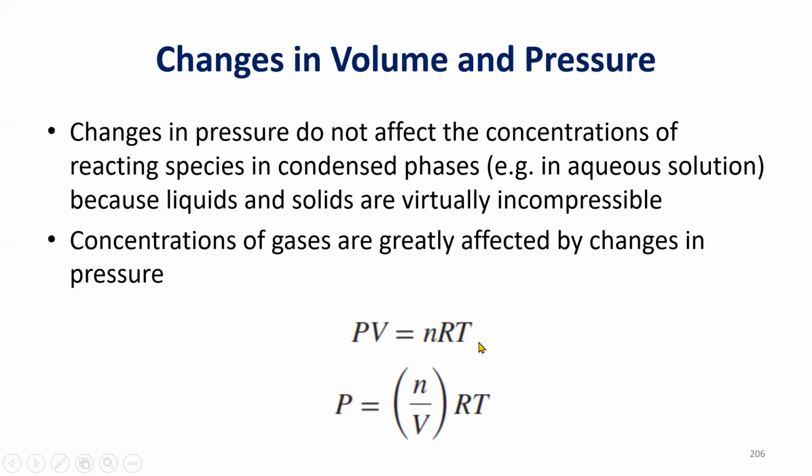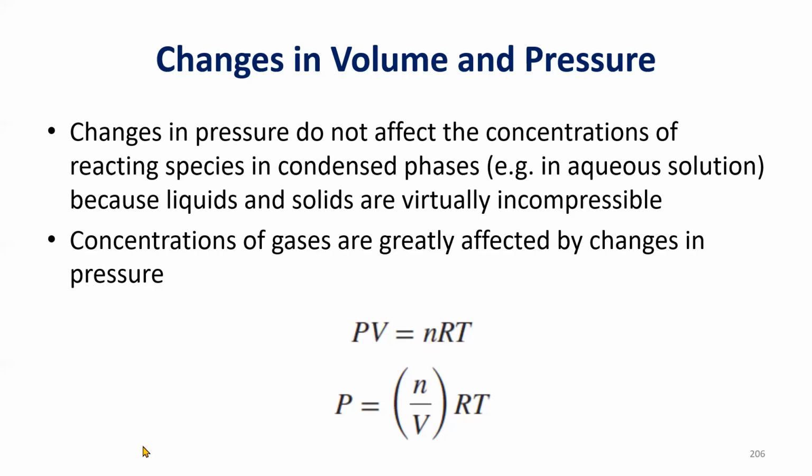Because from the ideal gas law, we know that PV equals nRT. So the pressure from this expression will be given by n over V times RT, where this n over V here is the concentration of the gas, n being the number of moles and V the volume of the gas.